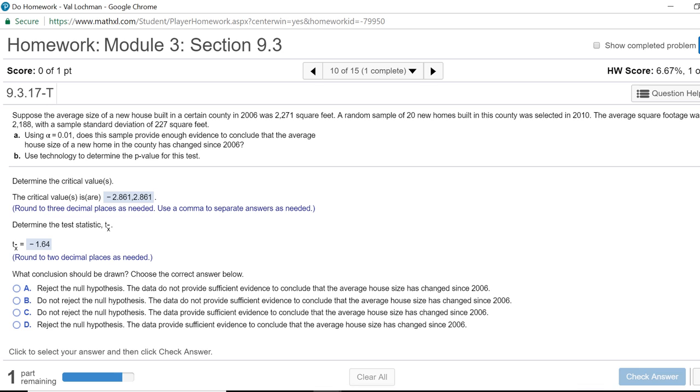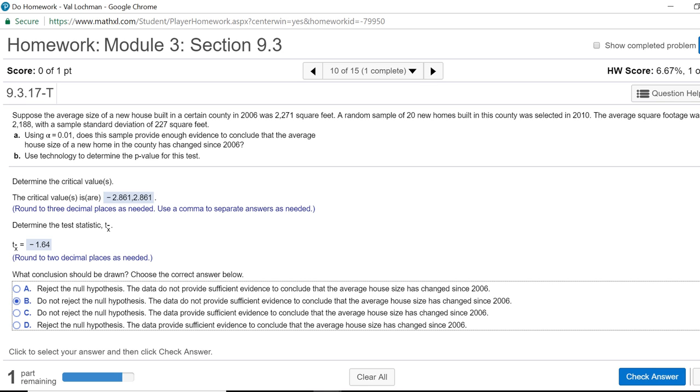So the question is, which part is correct? When we do not reject the null hypothesis, we don't have sufficient evidence to support the alternative. So we're going to go with option B. Do not reject the null hypothesis. The data do not provide sufficient evidence to conclude that the average house size has changed since 2006.